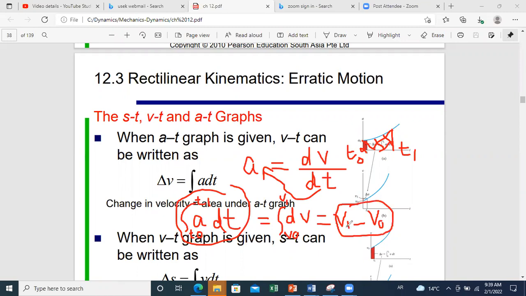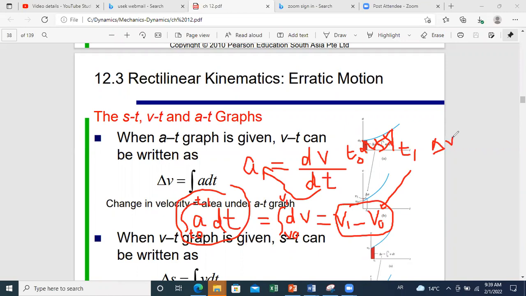If I want to calculate v1, they should give me at least one value of velocity at any point. So for example, if they give me at t equals 0, what is v0? I can deduce then the velocity at any other point. So in the integral procedure, in the reversed way, I need one boundary condition to draw my graph. If they don't give me a boundary condition, I can just draw delta v as a function of time, but not v.